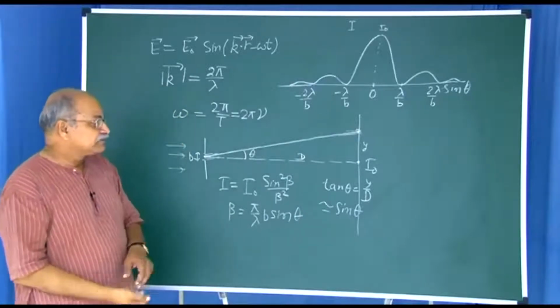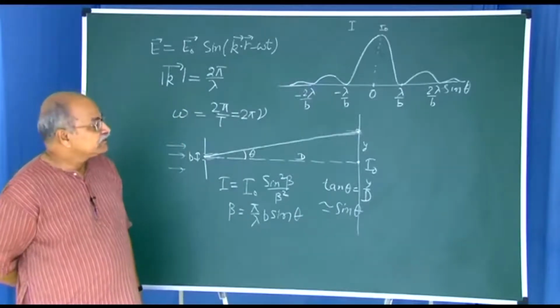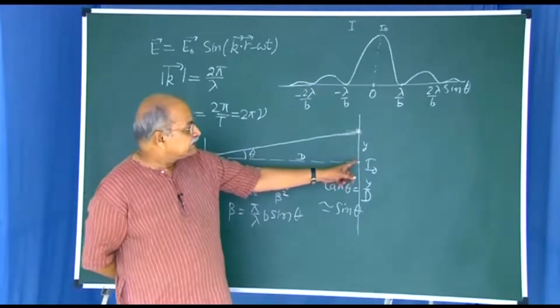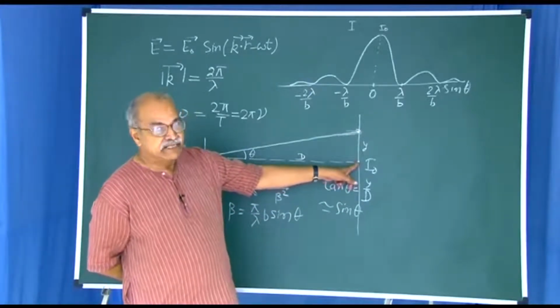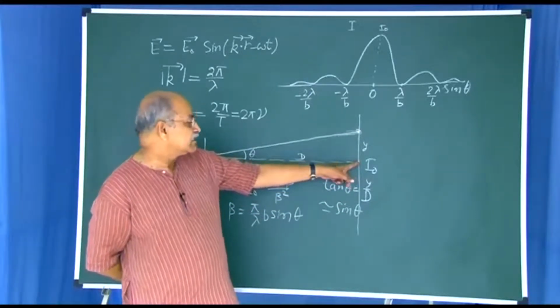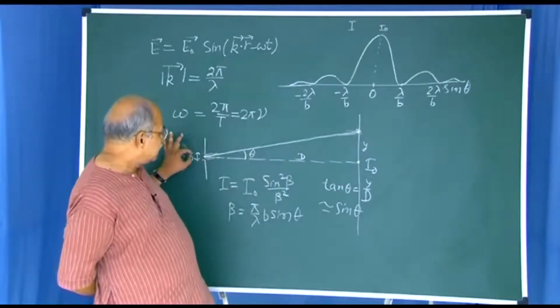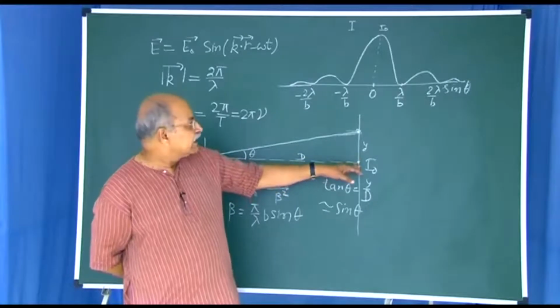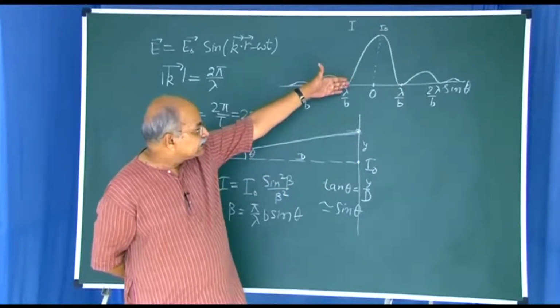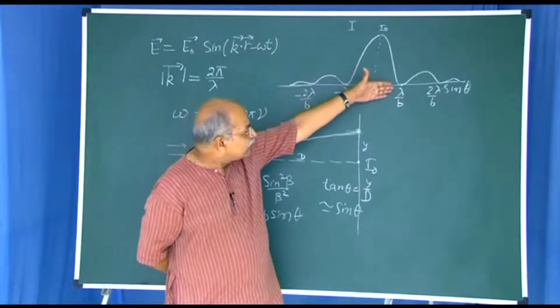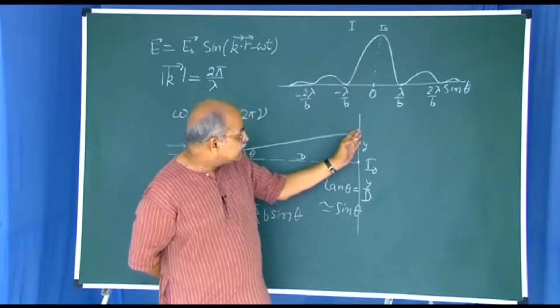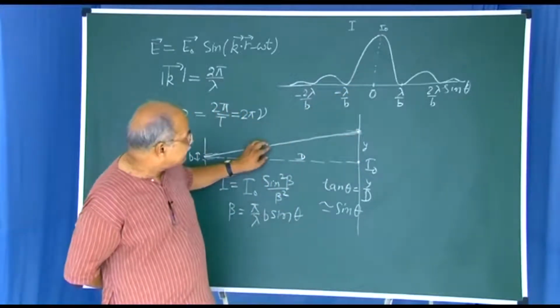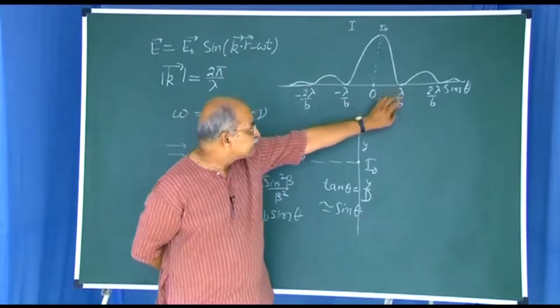So, what does it say? It says that right at the center the intensity is very high, which one expects. You have an opening, and the light is going, and right at the center the intensity is high. Then the intensity decreases and becomes 0 at certain places on this screen where theta satisfies sine theta equal to lambda by b.